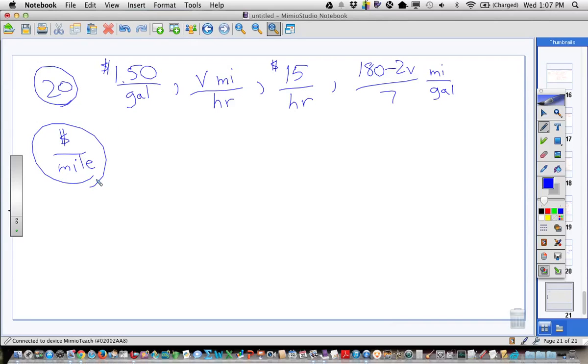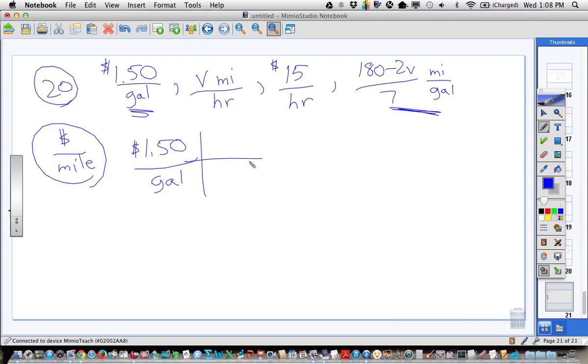So let's first take the gas. Now we want to end up with dollars. These two over here have to do with the gas, the cost of renting this. So when I look at those two things, I say, I want to end up with dollars on top, so I better have dollars on top.